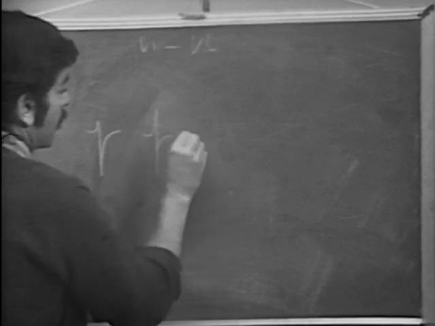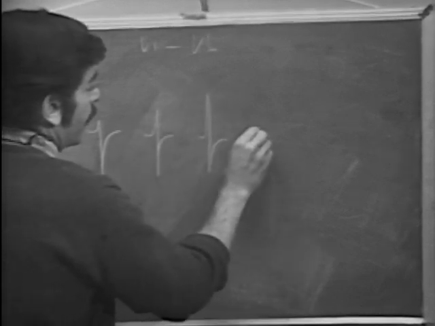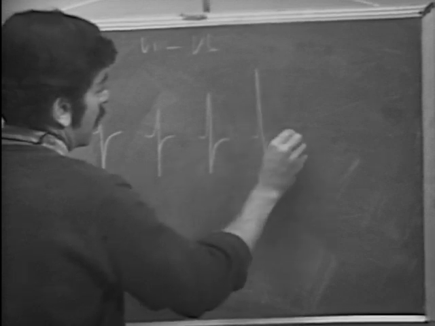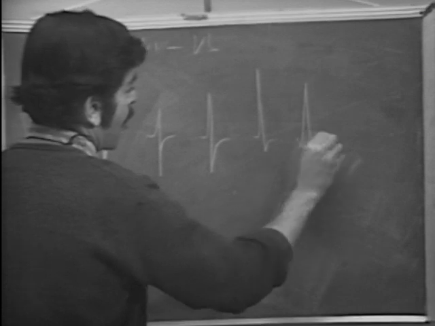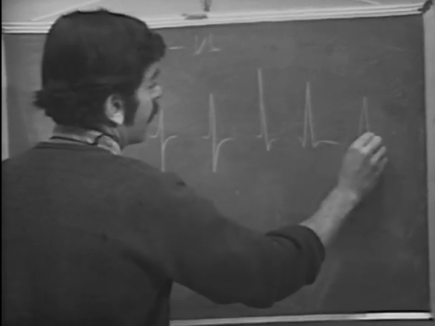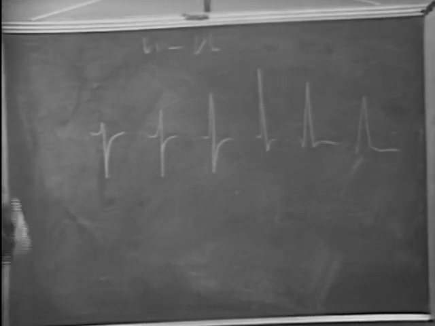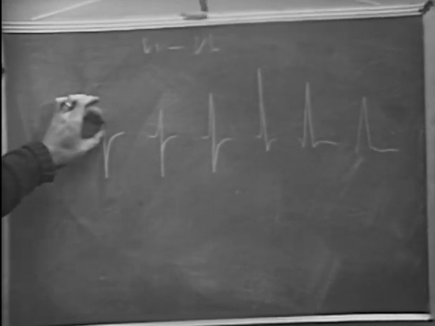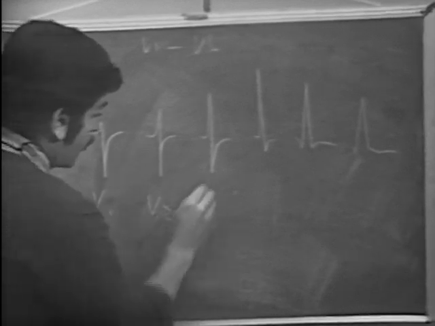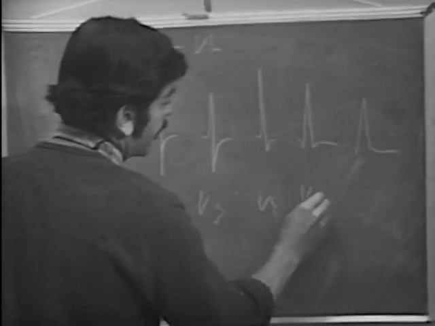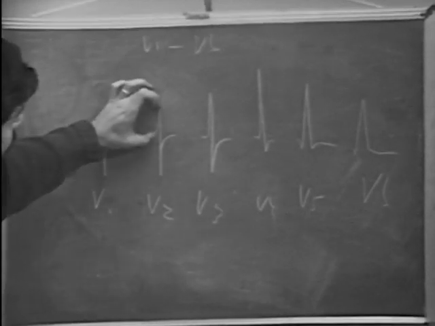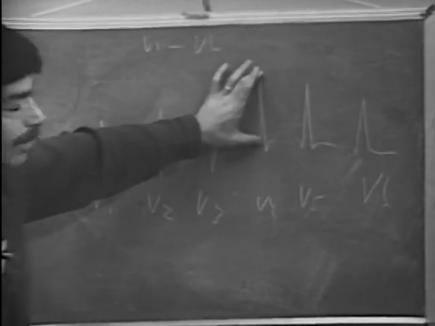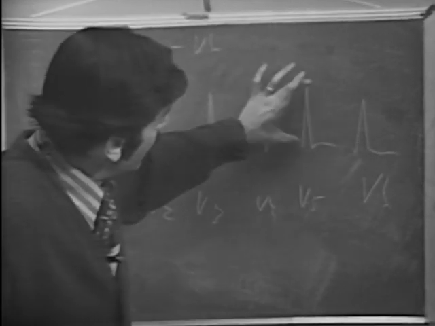You look at V1, looks like that, V2, V3, V4, V5, and V6. Something like that. What you'll notice here is that this R wave is getting progressively taller and taller, generally until you get around V4 or V5, and then it gets smaller again.